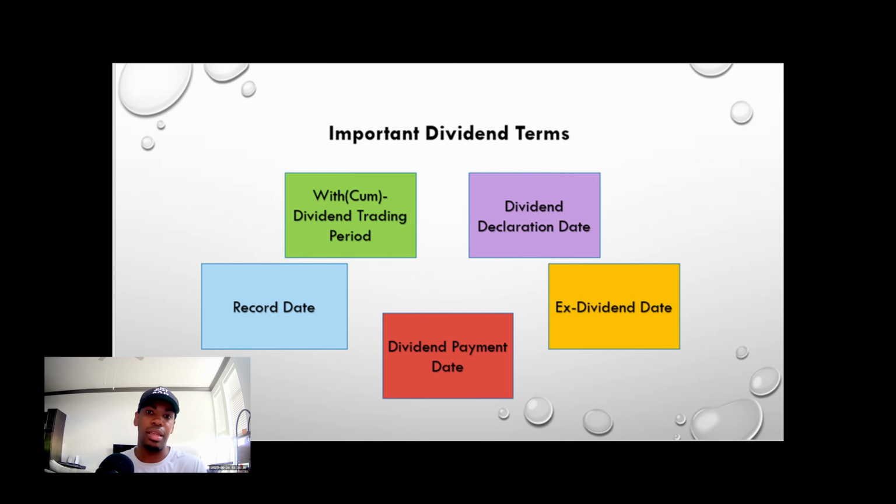So prior to the dividend payment, the investor must own shares. Between the ex-dividend date and the date of declaration is the dividend trading period. Now, the record date serves as the deadline for determining which shareholders are entitled to a distribution. The payment is made to all shareholders on the dividend payment date.